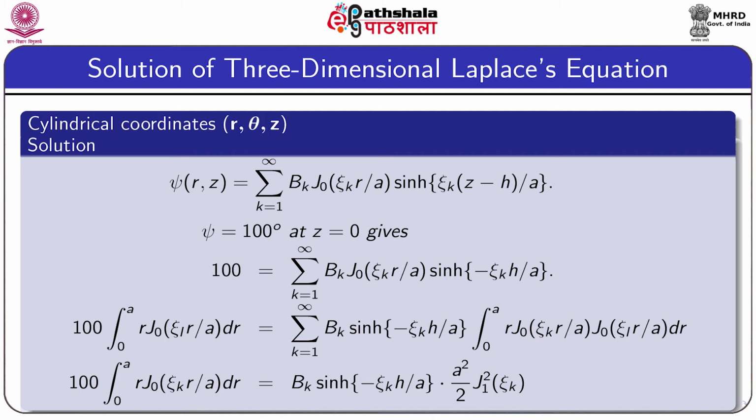So, to find the coefficient of the Bessel function B_k, we need to multiply the relation with J0(xi_L r / a) into r on both sides, and if we use the orthogonality property of Bessel functions, we obtain the relation written here: 100 times the integral from 0 to a of r J0(xi_k r / a) dr equals B_k sinh(-xi_k h / a) into a squared by 2 J1 squared(xi_k).